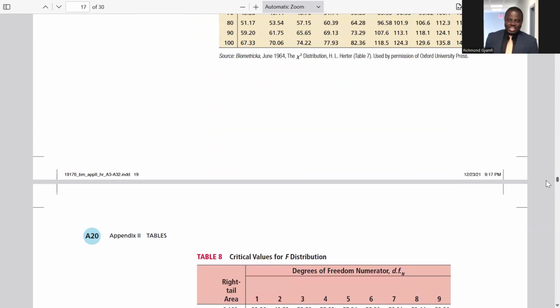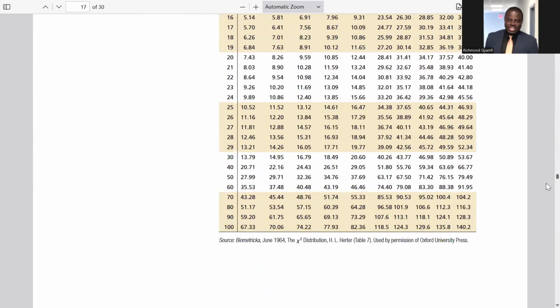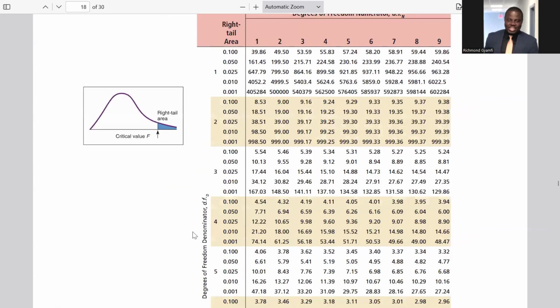So this is table 8. If you look at table 8, for F, you're always looking at a right tail area, okay? So my F statistic is 8.212. I'm looking at this area on the right.